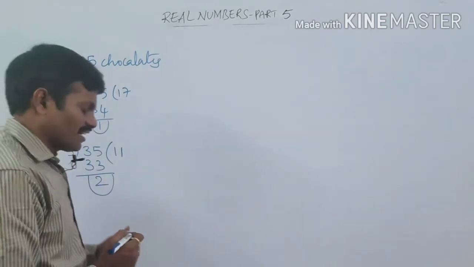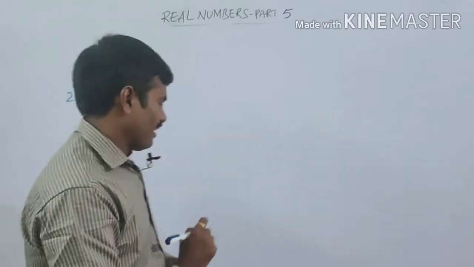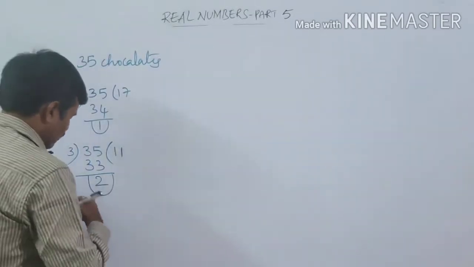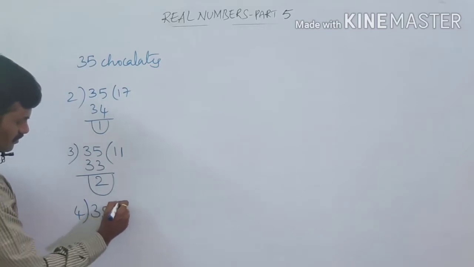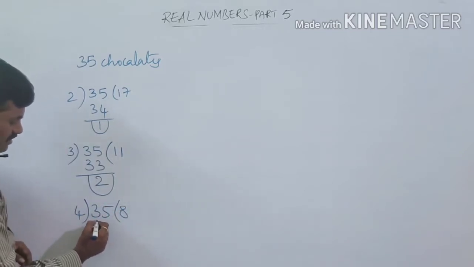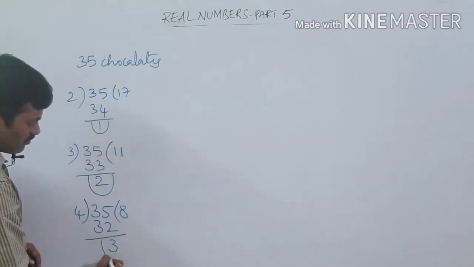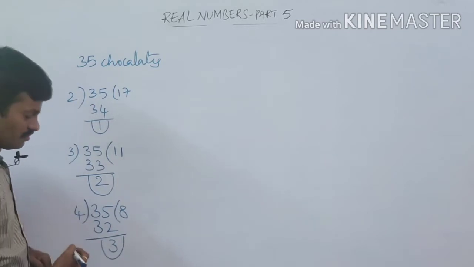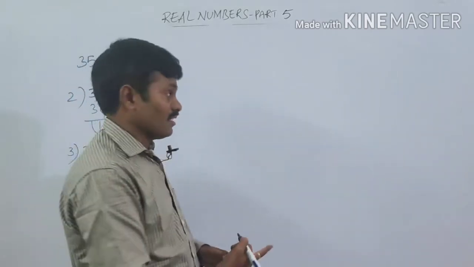But according to my condition, no chocolate should be in my bag. If I distribute to 4 of my friends, each one gets 8 chocolates and 3 are left over. Already we know our condition: no chocolate should remain in our bag.